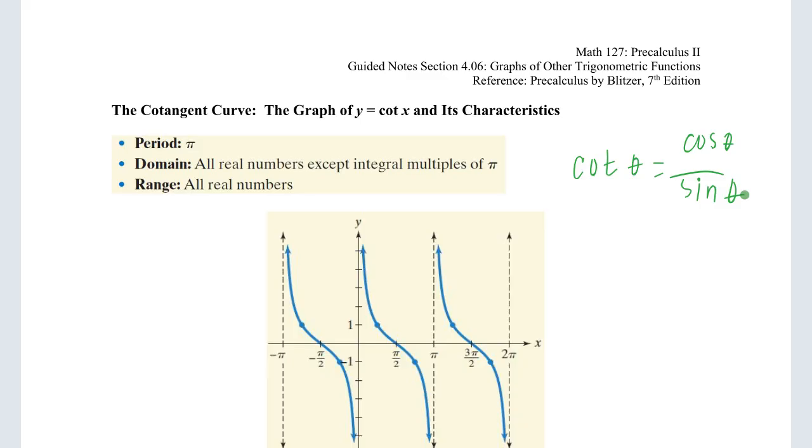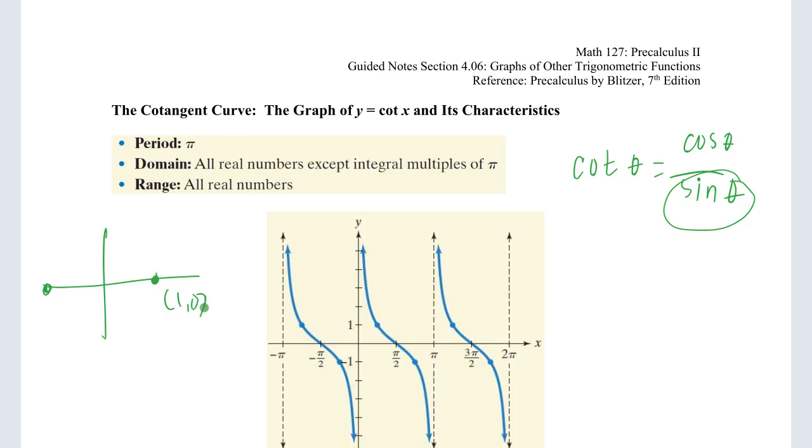Now the vertical asymptote would be wherever the denominator, sine theta, is equal to 0. And remember the y value on an x and y plane is 0 along the x-axis. Let's use the points on the unit circle.